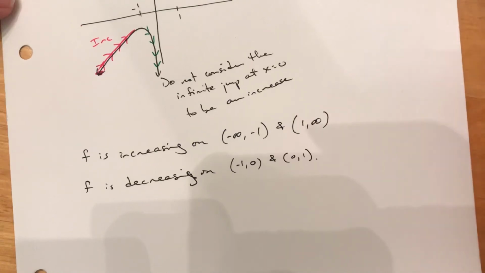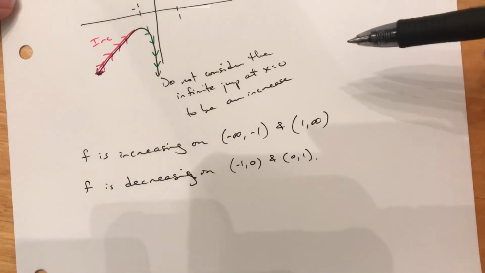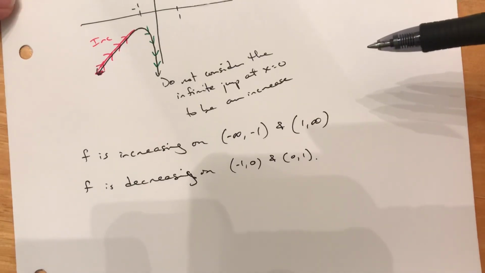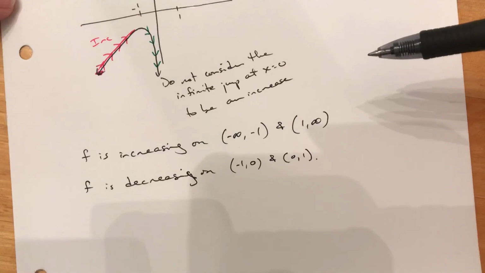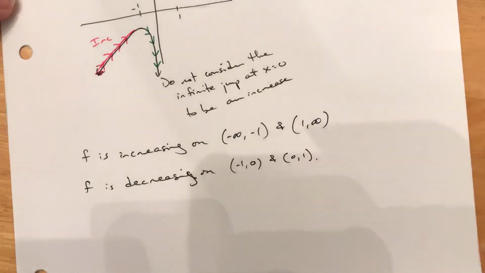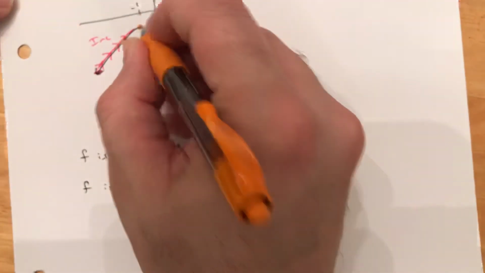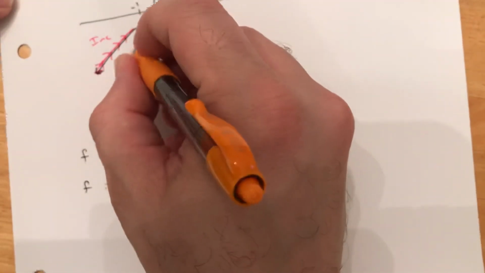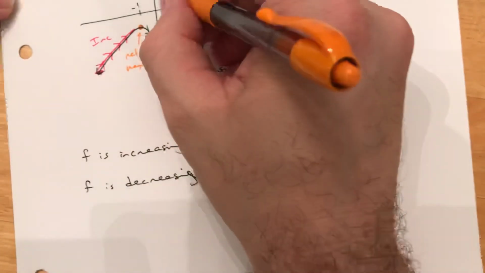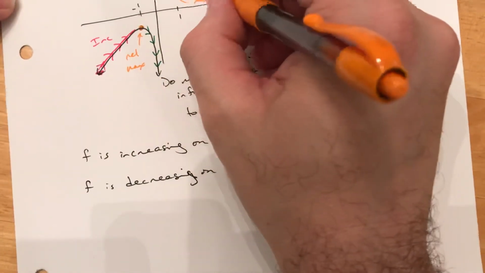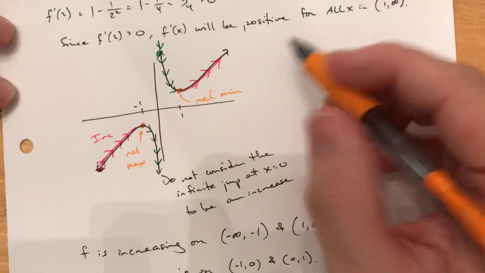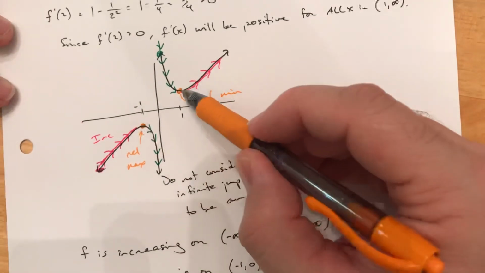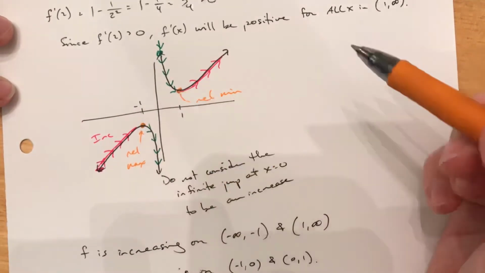The next thing that we're going to do, and we're going to pick up in the next video with this same function, is talk about using this information that we just got to determine where those relative maximums and relative minimums are, because we can already kind of see here that we have a relative max and a relative min at these two points on our graph.